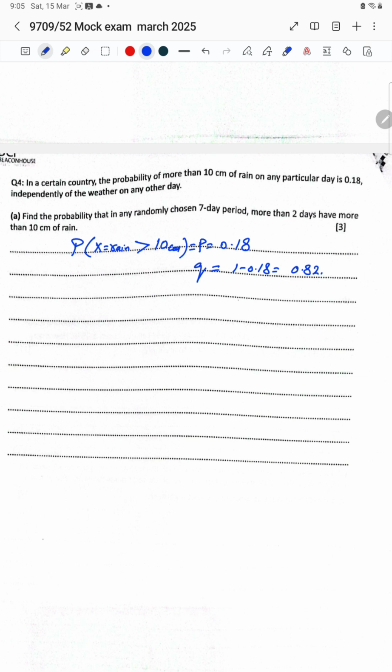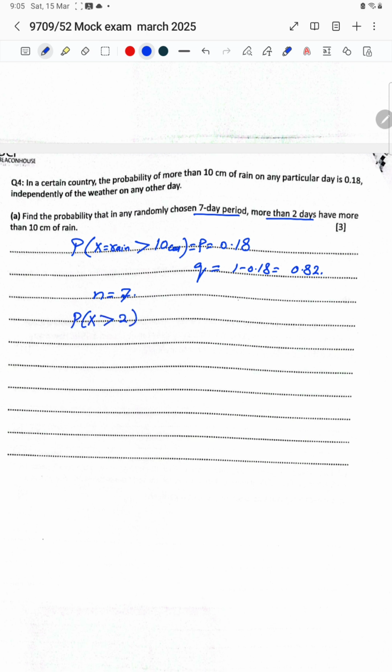Find the probability that in a randomly chosen 7 day period, n is 7, more than 2 days have more than 10 centimeters of rain. It means the probability of x greater than 2.